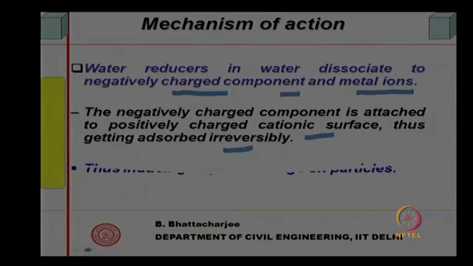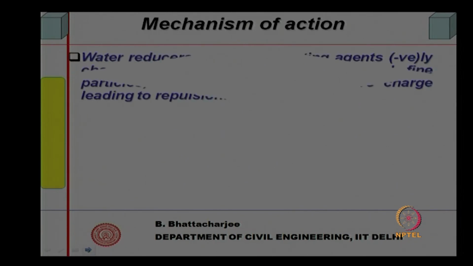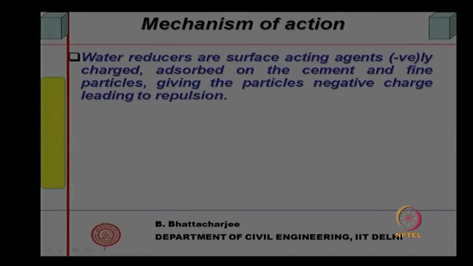Now, since they are negatively charged, they induce negative charges onto the cement particle itself, which can overcome the van der Waals forces, and therefore deflocculation or dispersion occurs. So, they induce negative charge on the particle after adsorption, and they cause dispersion.